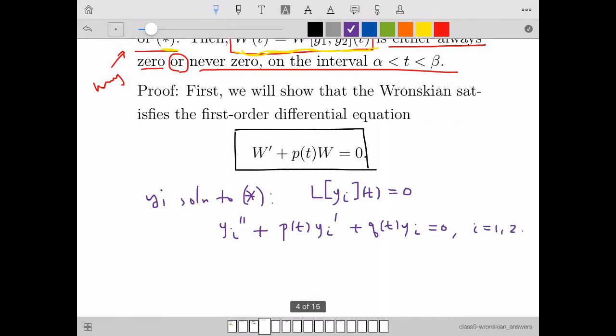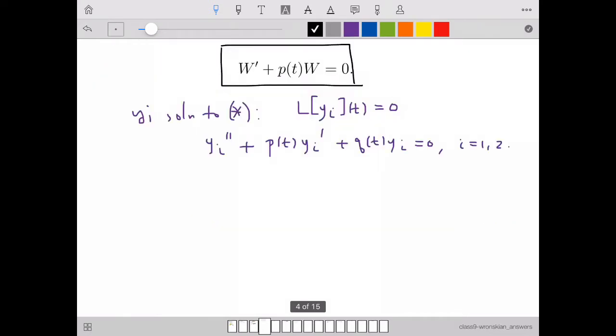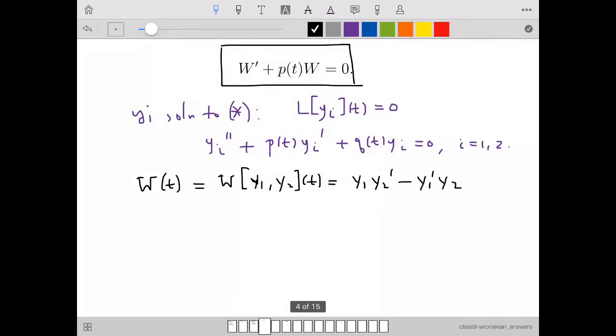That's what we know. So what's the Wronskian? The Wronskian of t, which is the Wronskian operator on y1, y2 at t, is y1 y2 prime minus y1 prime y2.